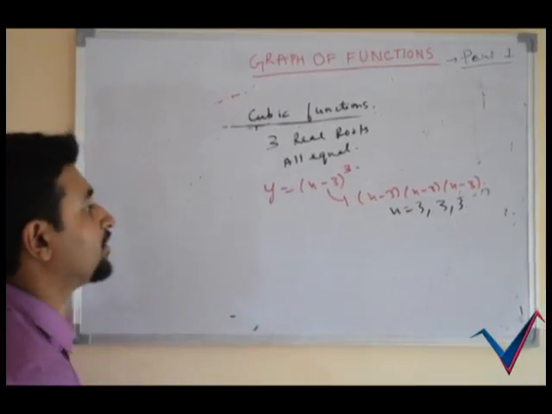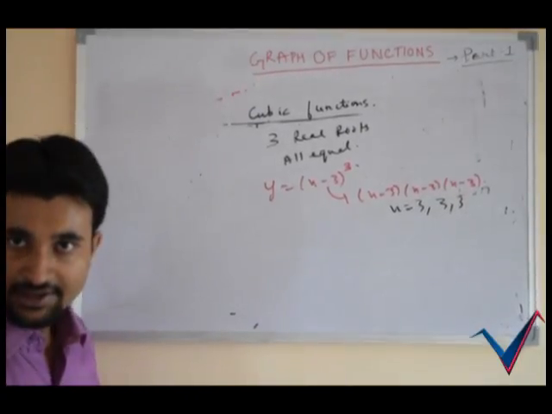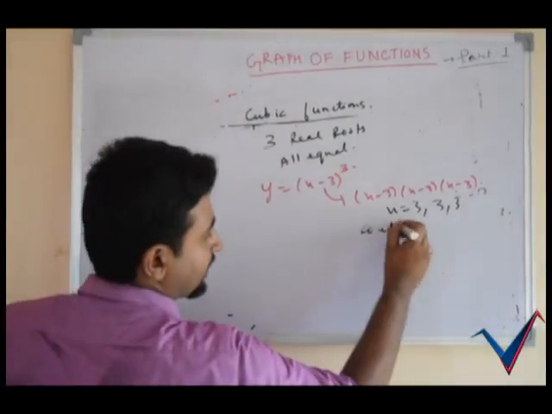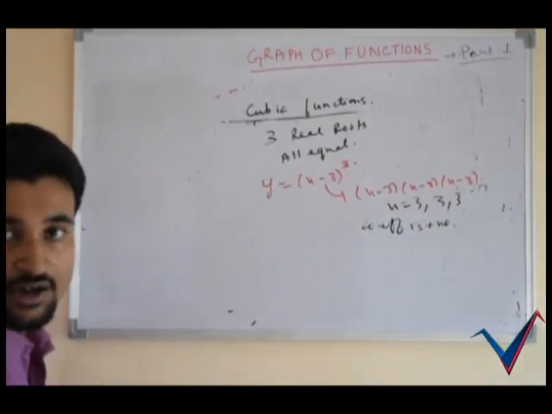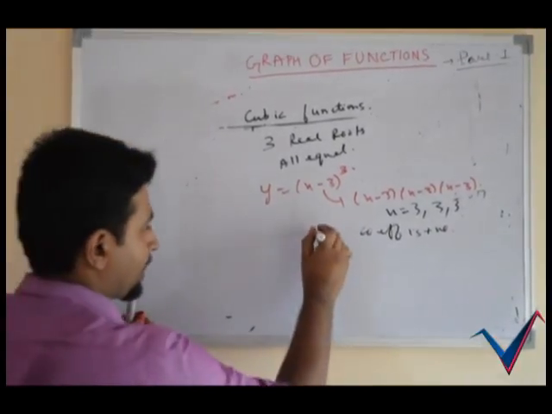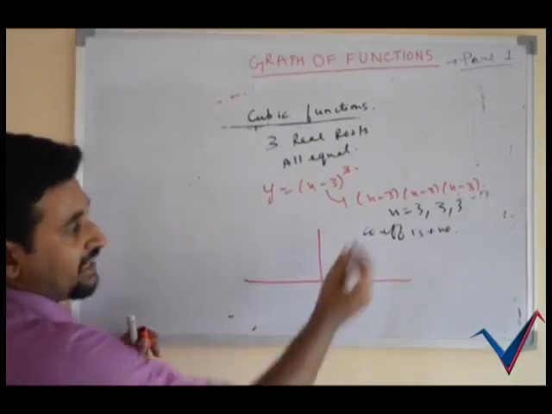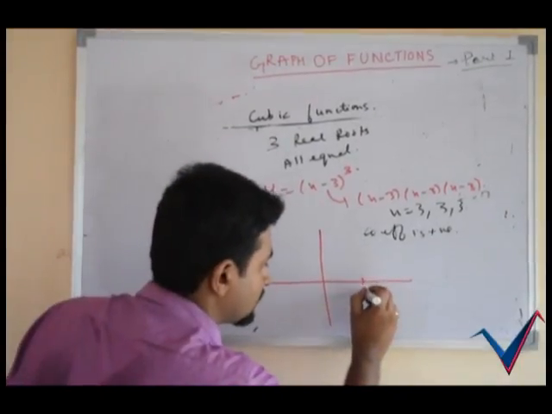Here the coefficient of x cube will be positive when you expand. Now suppose we draw its graph. How would the graph look? It would cut the axis at one point only, 3.